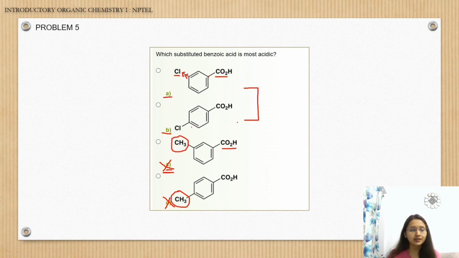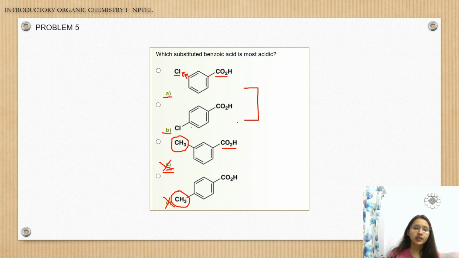So here you have to apply a similar concept, and you see that at the meta position, the minus I effect of Cl is more operative than at the para position. At the para position, the resistance is higher, so the inductive effect is lower.